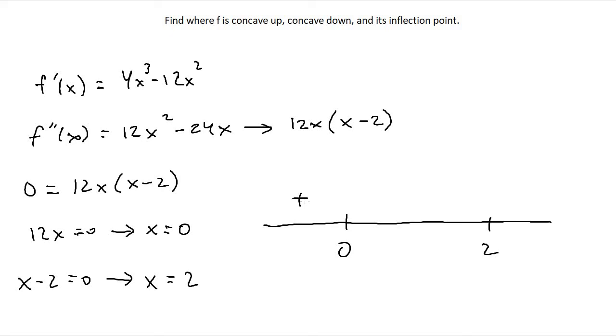So I'll put a plus right there. If I plug in 1, we'll get a positive times a negative, so that'll mean we get a negative answer. And then if I plug in, let's say 3, we'll get a positive and another positive, so that means it's positive.